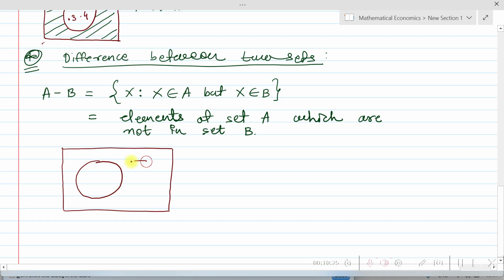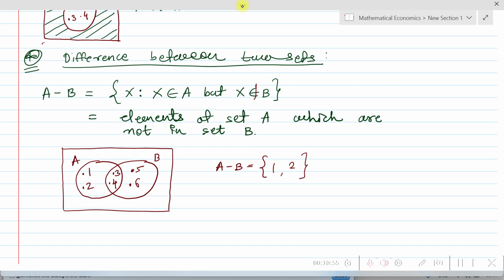So let's try to draw the Venn diagram for A minus B. This is set A, this is set B. 1, 2, 3, 4, 5 and 6. So what is A minus B? X belongs to A, but X does not belong to B. Sorry, this is does not belong to B. So the answer is 1 and 2.